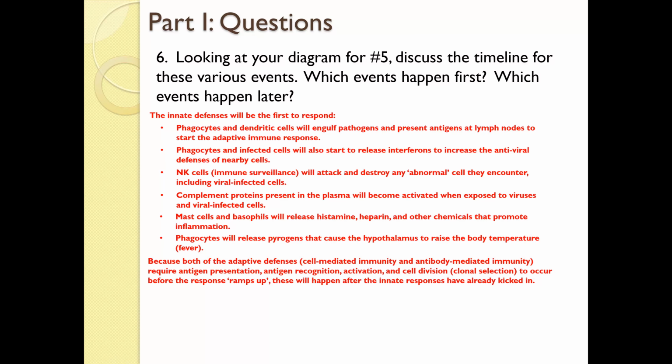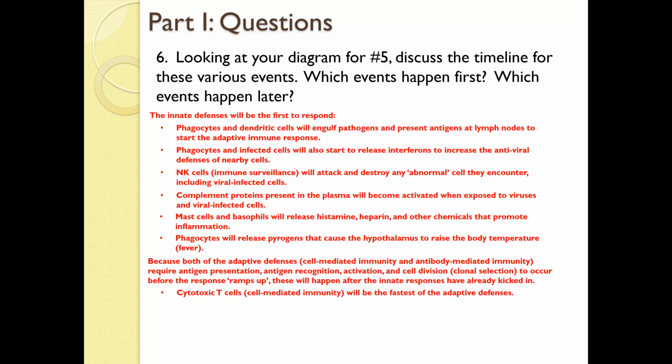Both of the adaptive defenses, which are the cell-mediated immunity and the antibody-mediated immunity, require antigen presentation, antigen recognition, then activation, and then cell division, which is that clonal selection we talked about. All of that has to occur before the response ramps up. So the adaptive defenses are going to kick in after the innate responses have already acted to contain the infection.